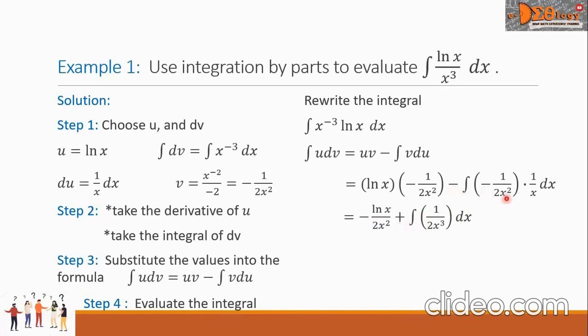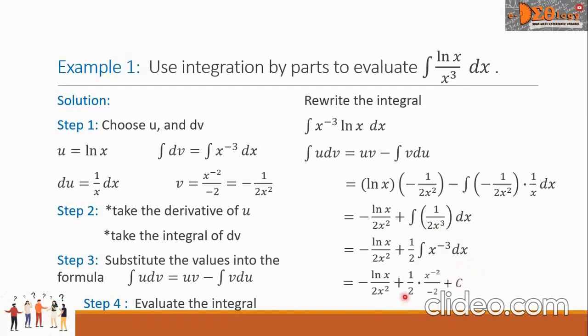We combine this x squared and x to be x cubed. Simplifying further, we can move this constant 2 in the denominator outside. So we have here 1/2, and then we show that this x cubed is written as x with negative 3 power, then the dx.